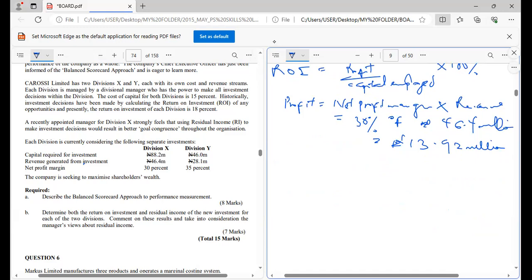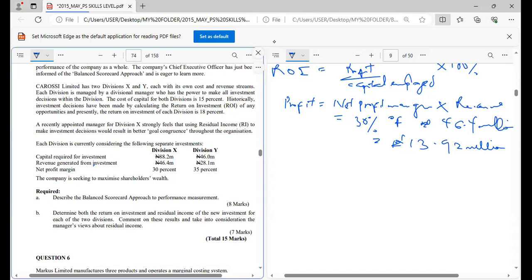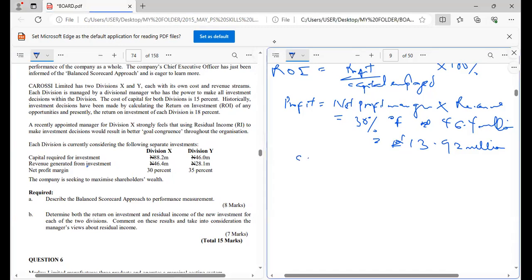And also, we need to know our capital employed. Our capital employed for division X, which is the capital required for the investment, is 88.2 million.